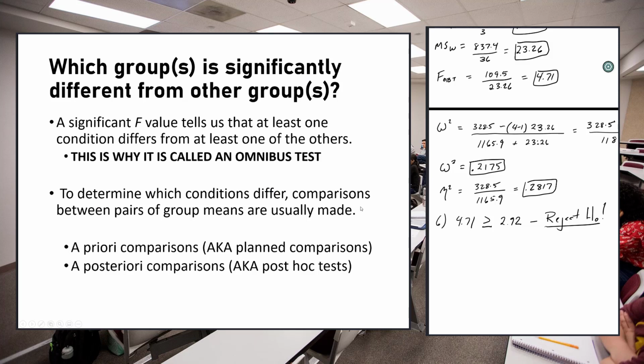So we had a significant omnibus test. Even if it was not significant, if you have an a priori hypothesis, it's okay to go and do a planned comparison test afterwards. Our F was significant, so either way, we would still do this test.